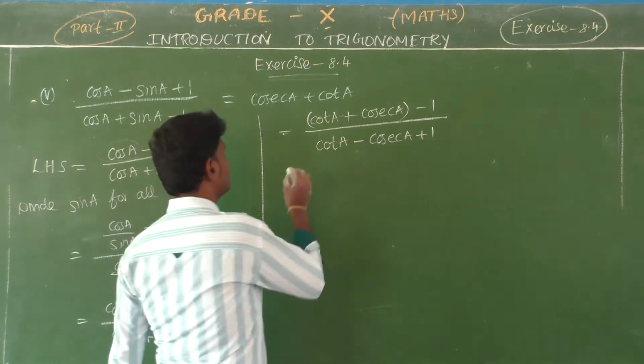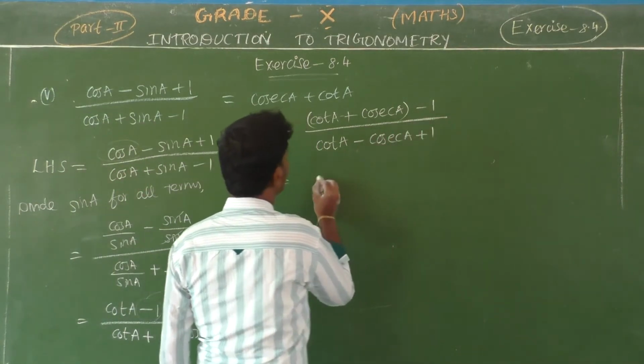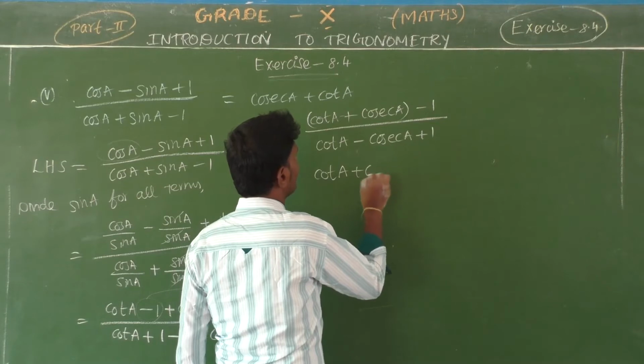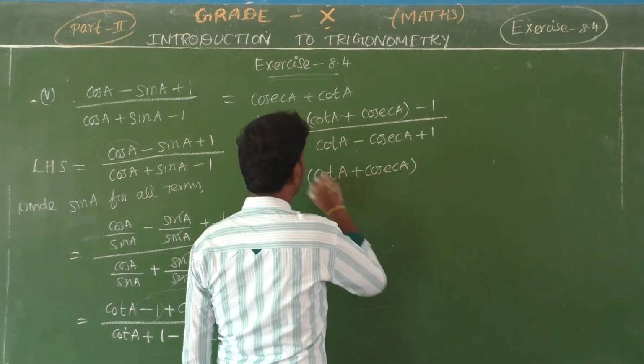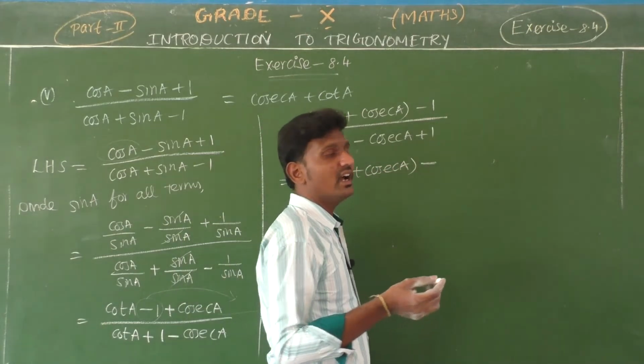Now see, you have the value of 1 in the format of what? In cot A plus cosecant A minus 1, what is the 1?